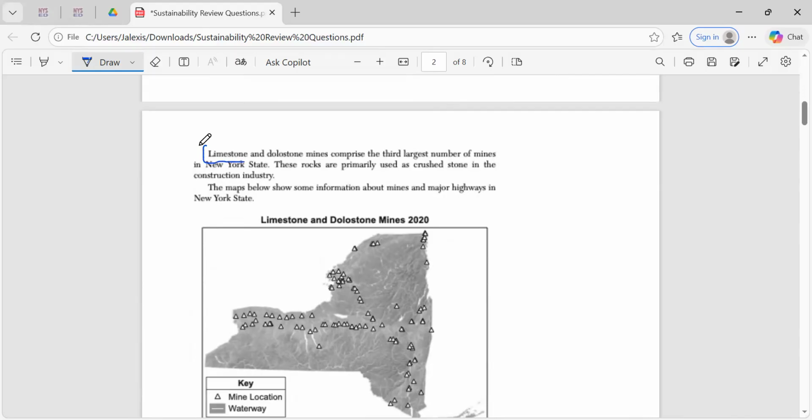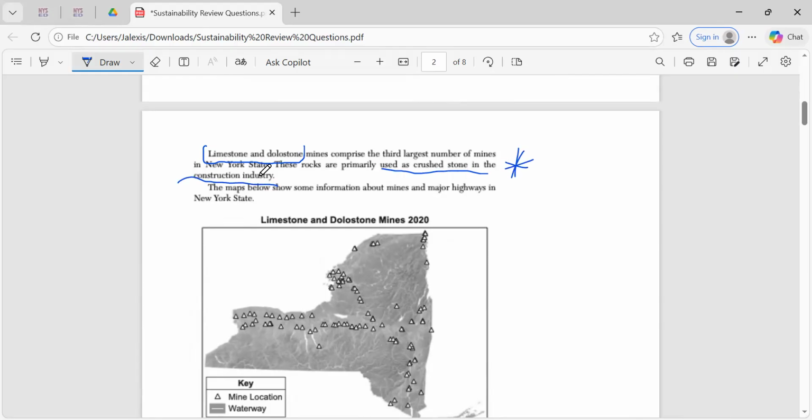One good trick is to underline the key terms that the question is asking for, in my reading as well. So I see limestone and dolostone mines comprise the third largest number of mines in New York State. I'm looking for what they're used for. It says right here, these rocks are primarily used as crushed stone in the construction industry. So let me highlight that.